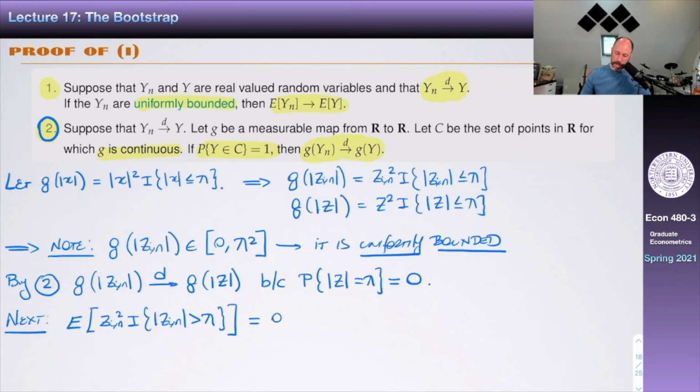Well, this is going to be, let me just write, the expected value of z_n squared minus the expected value of g of z_n.